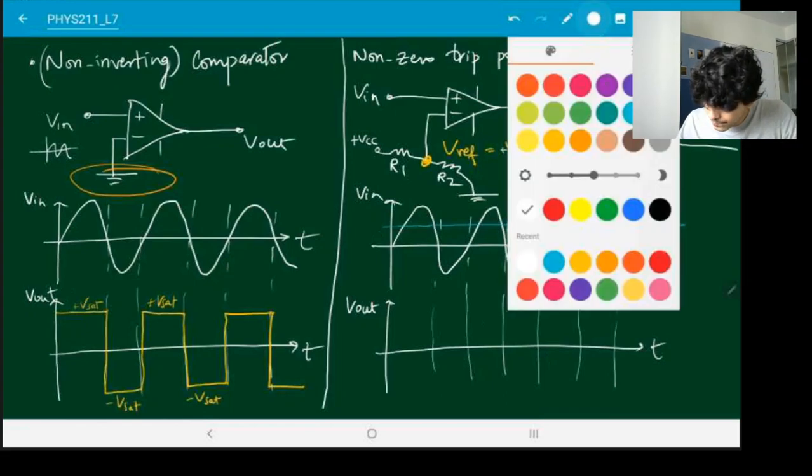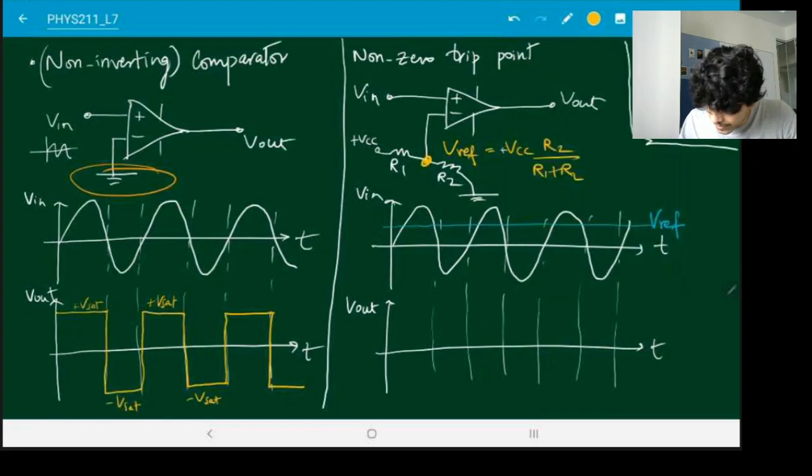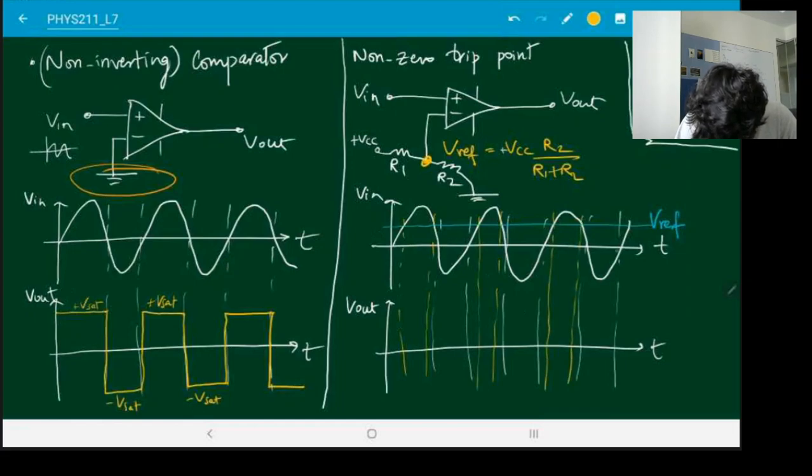So now whenever my Vin is more than Vref, that is when the switching will occur. That is when it will be in the high state.